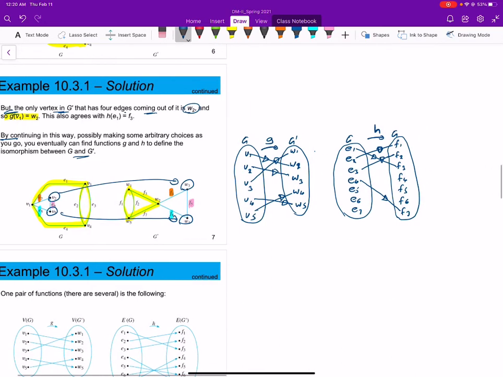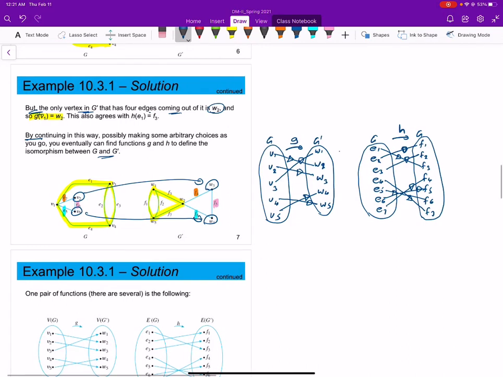And in edges, E7 will map with F4, and then E5 matches with F6, and then E6 should match with F5. All right, so these are the mappings that you have already computed.